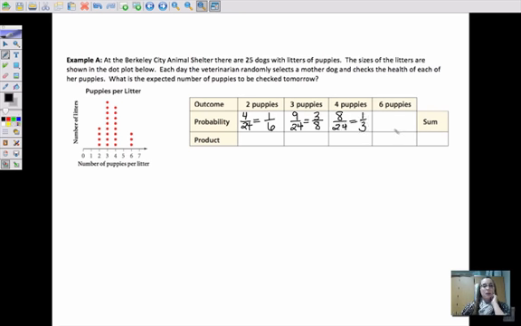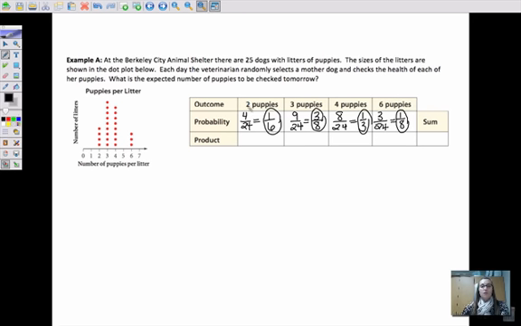And then 6 puppies was 3 out of 24, which we could make 1/8. So there's the probability of each one. This is the probability of getting this size of litter. Different dogs have puppies, and we want to know the expected number of puppies to be checked tomorrow.